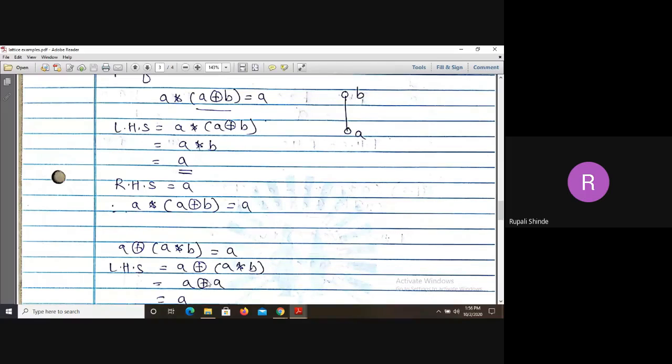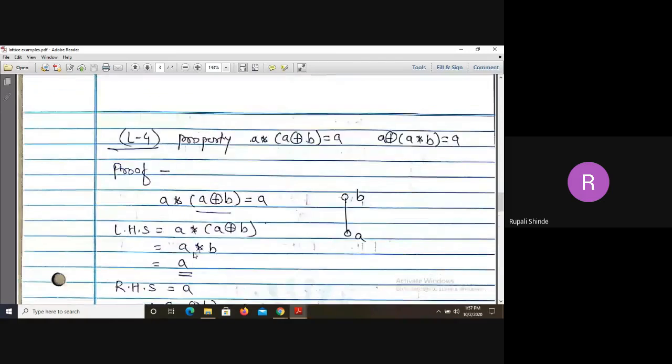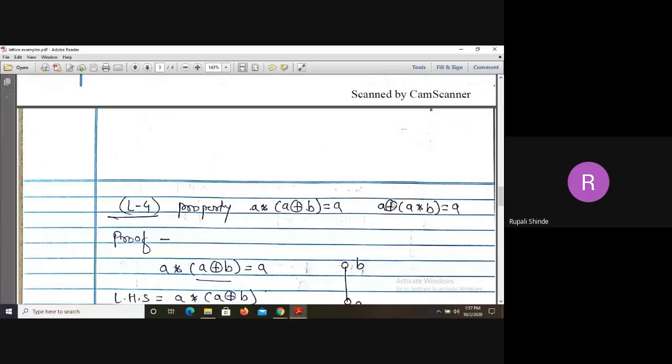Again we have to take its XOR operation with A. So A XOR A is A, because we have seen in the first property, the idempotent property, that A star A value is A. Again A XOR A, its value is A. So here the LHS value is A. Again RHS is A. So LHS is equal to RHS. So whatever statements they have written for the absorption property, those are true.